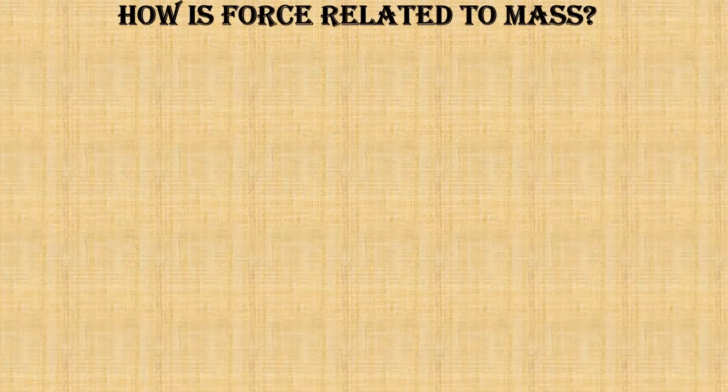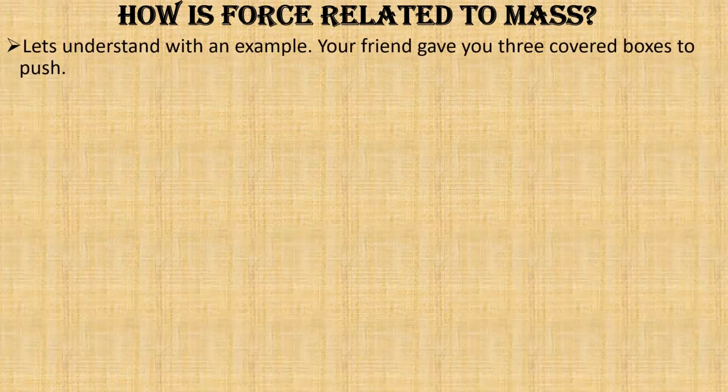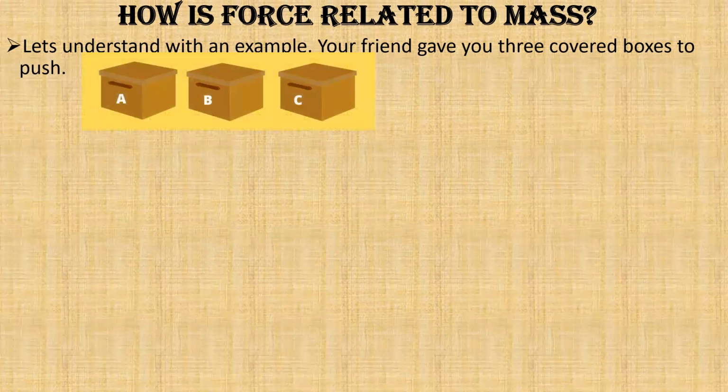Now, how is force related to mass? Let us understand with an example. Your friend gave you 3 covered boxes to push. They are A, B, and C. A contains paper, B contains cotton, C contains rocks.